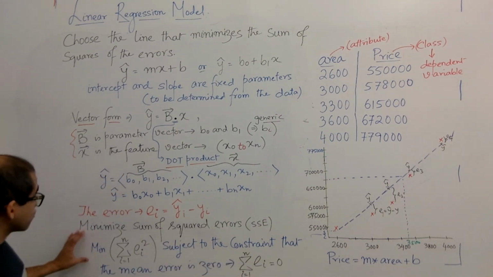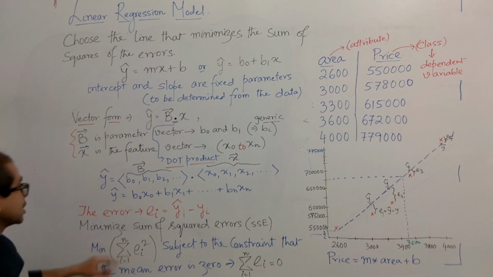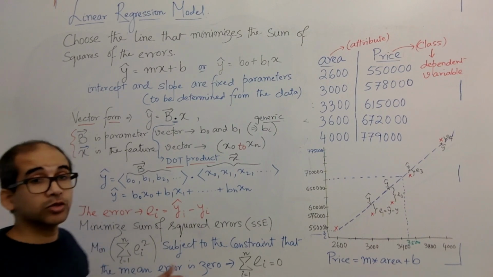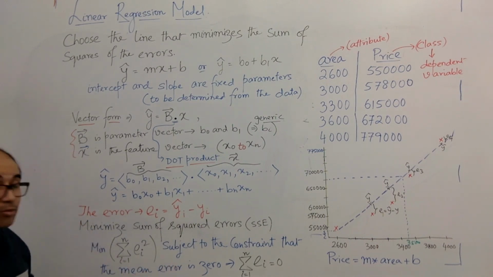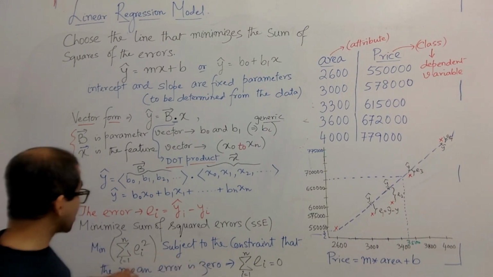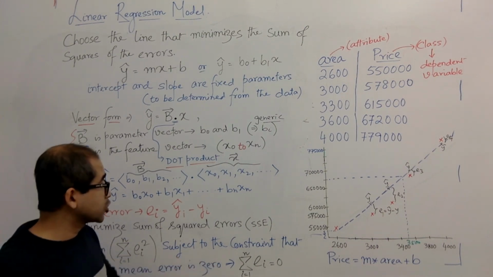So you have to calculate the minimum over i equal to 1 to n of the sum of Ei squared. That means all the errors, all the residuals, we take the square of them, sum them up, and then minimize that function, subject to the constraint in this optimization problem that the average error is 0.